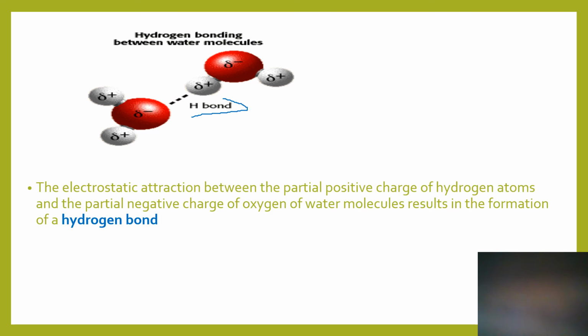Here is a hydrogen bond, which is formed between two water molecules. The electrostatic attraction between the partial positive charge of hydrogen atoms and the partial negative charge of oxygen of water molecules results in the formation of the hydrogen bond.